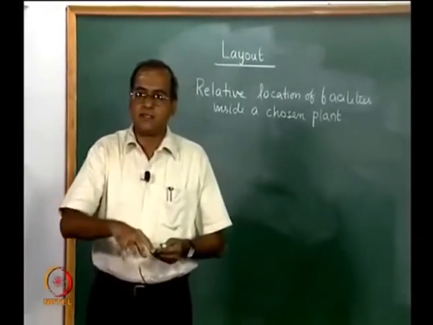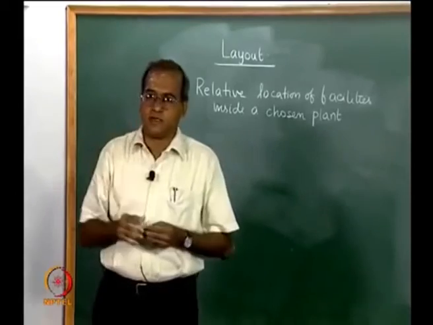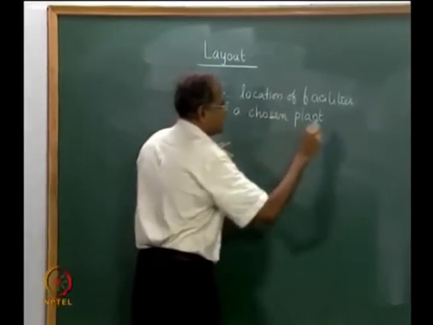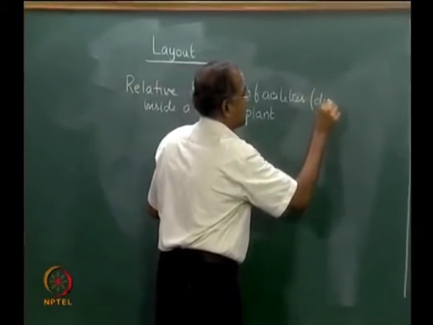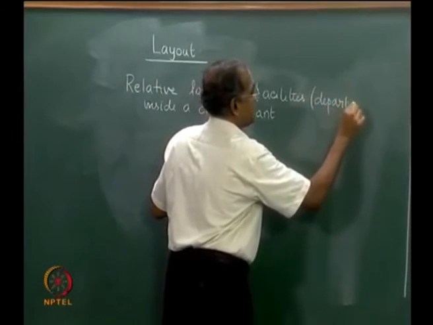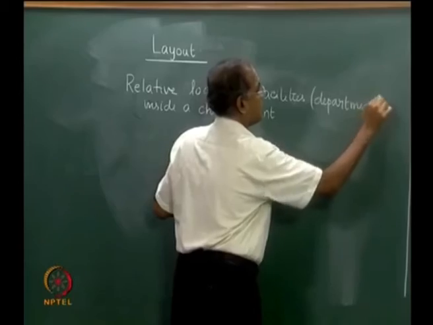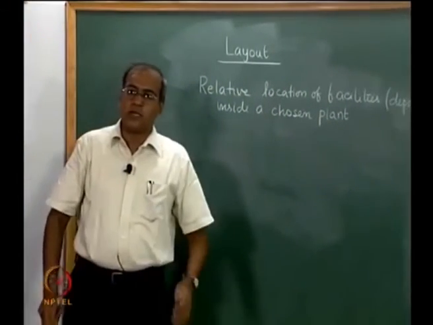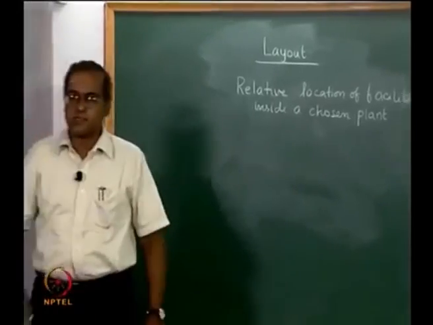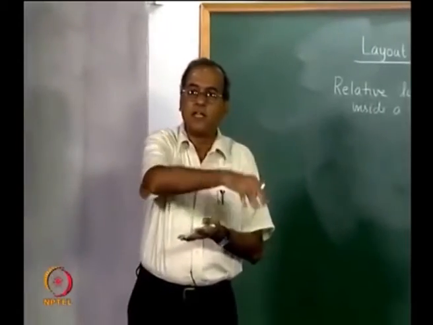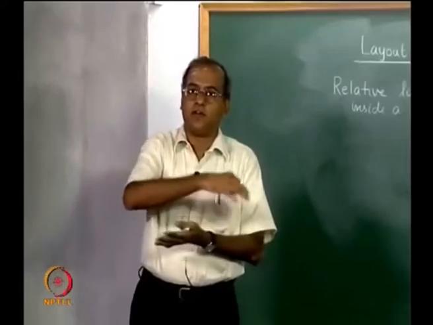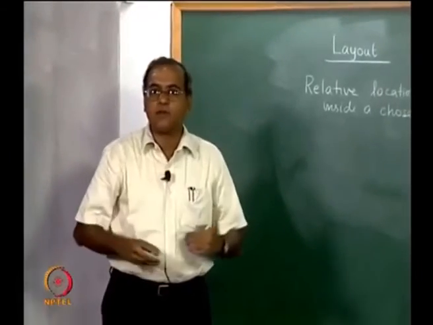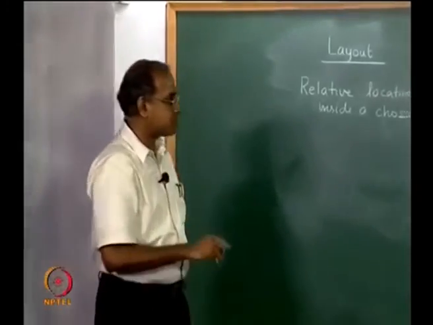Now, within that certain departments have to be located. So, layout normally talks about location of facilities or departments within a chosen plant. So, there could be 4 or 5 departments, and how does one relatively locate these 4 or 5 things inside? Now, why does a question of relative location come into the picture?